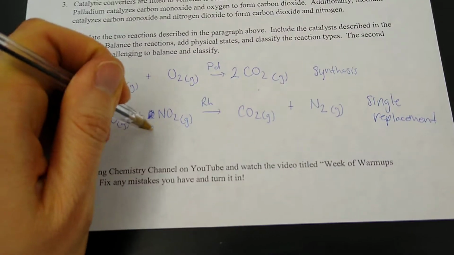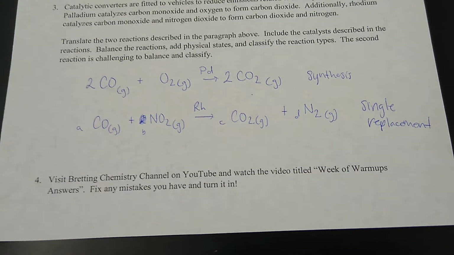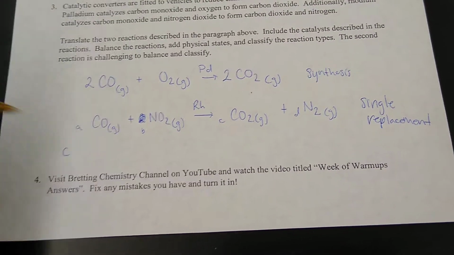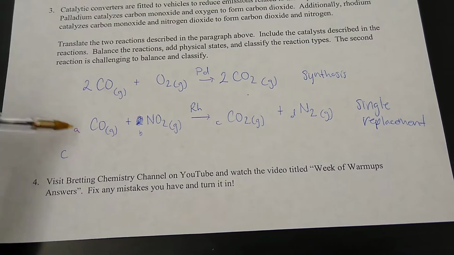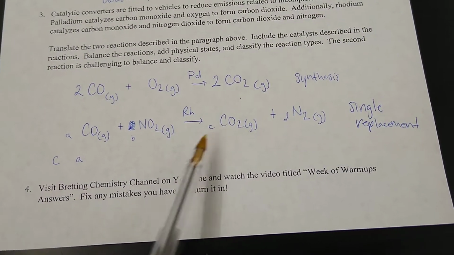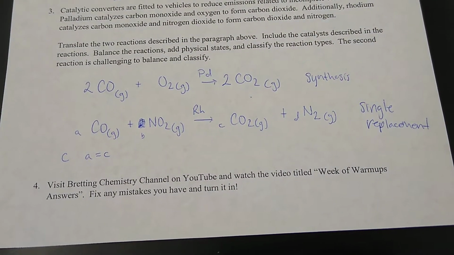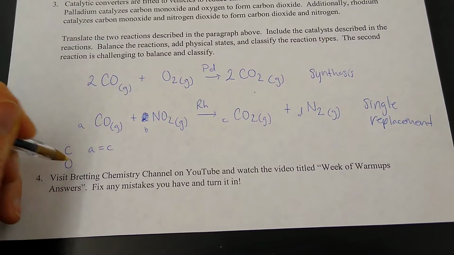So A, B, C, D for my substances. My carbon is going to be my first equation. I have A carbons on this side. I have C carbons on this side. So that means A has to equal C or my carbon will be out of balance. Okay? All right, oxygen is the tricky one.